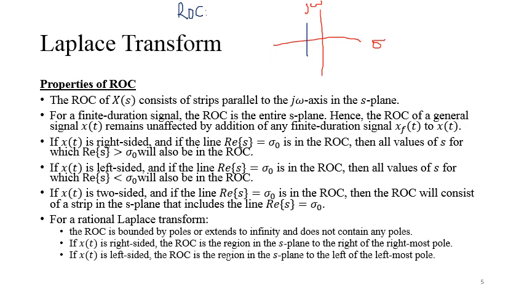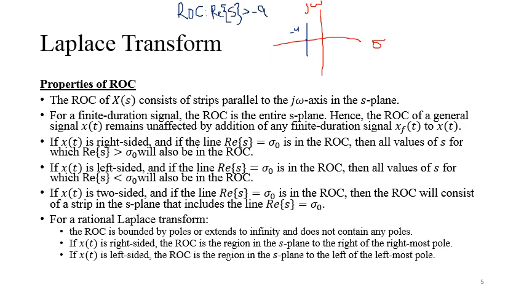For any particular signal, we say the ROC is, that's the definition, that real of s should be greater than, that's what we found, right? So real of s should be greater than minus a. In that case, for example, this is your minus a point. So these are the strips.